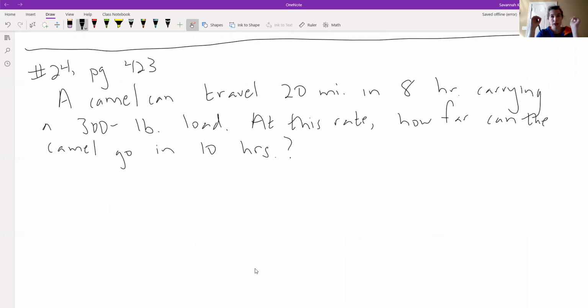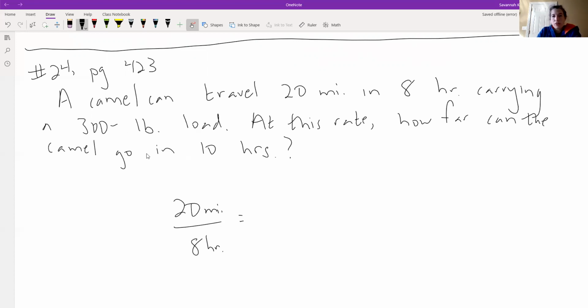I know it's not good practice with word problems to start setting things up while you're still reading, but technically you're like 20 miles in 8 hours equals like that. And then you hit this 300-pound load. And that's kind of like, okay, where do I put that? I had miles, hours. Good to have the miles and the hours there. You can kind of see that's a mile per hour setup that we've used in the past.